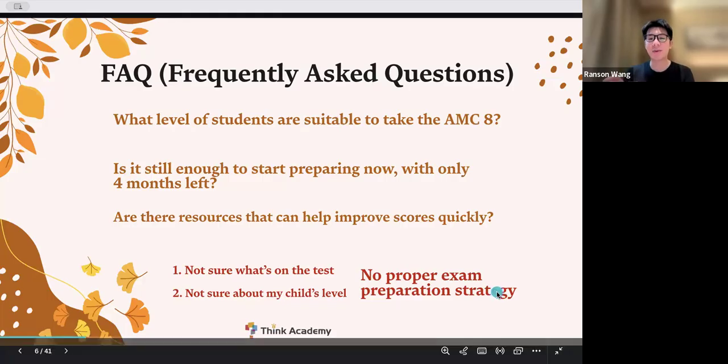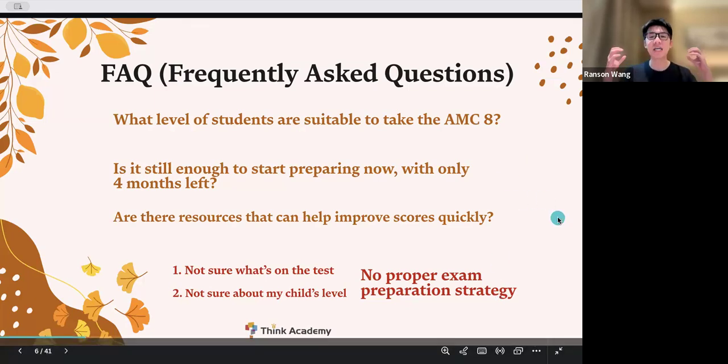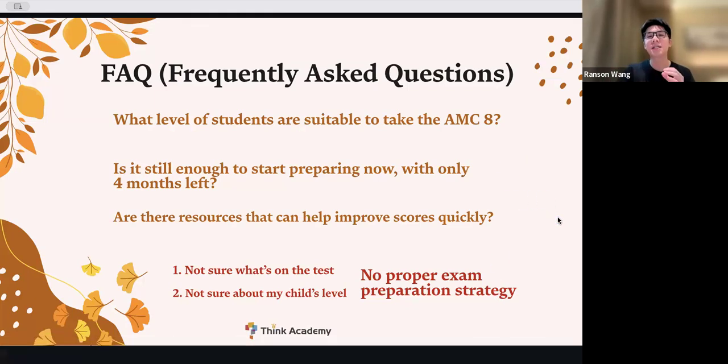And you are not sure about your child's level, where they are right now, and how they can better prepare for the MCA. What's the strategy? So in conclusion, for the parents or students who have those types of questions, you don't have a proper exam preparation strategy. That's why we're here today to solve each of the questions.